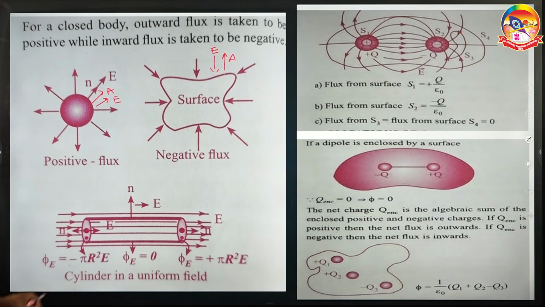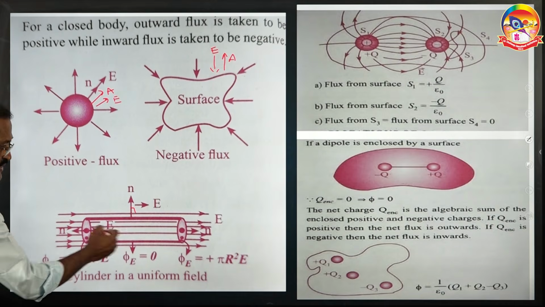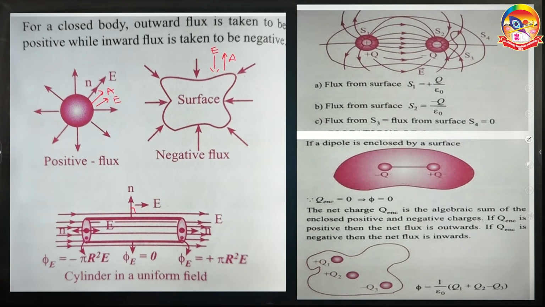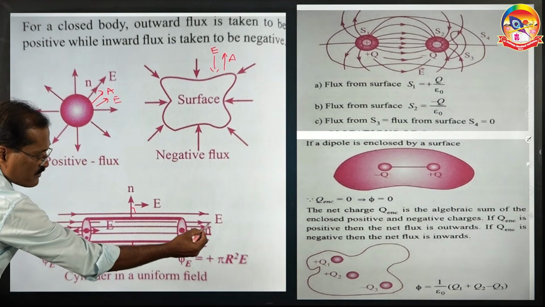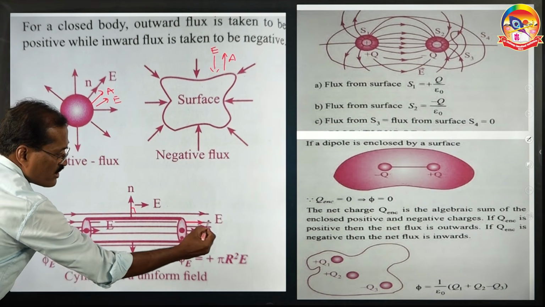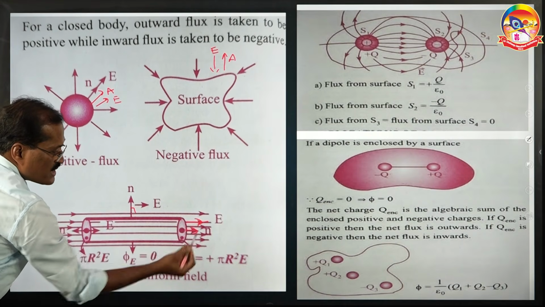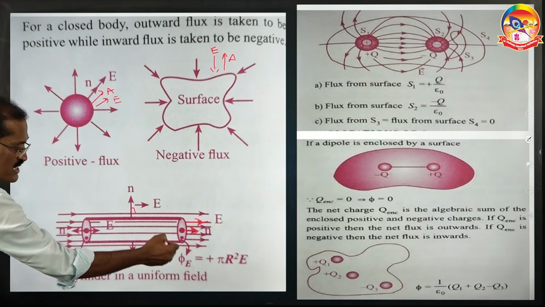And if the area vector and E vector are perpendicular, the net flux is equal to 0. Let us assume this is a cylindrical surface placed in an electric field. Here, lines of force enter, therefore the flux is negative. Here, the lines of force are leaving in the direction of the area vector, so the flux is positive.